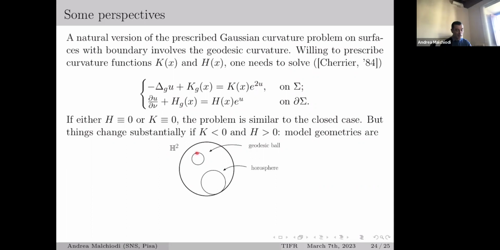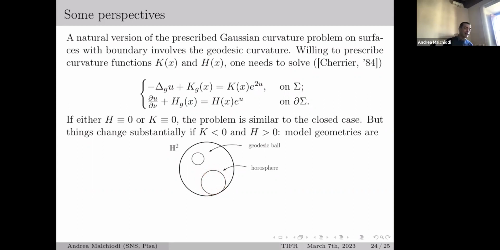So you have geodesic balls where the boundary curvature, so the geodesic curvature, is positive and sufficiently large. But you also have these horospheres, which are balls that touch somehow the boundary of the hyperbolic space at infinity. They're non-compact, and for which the geodesic curvature is equal to 1.